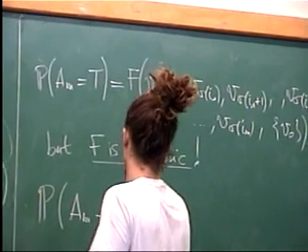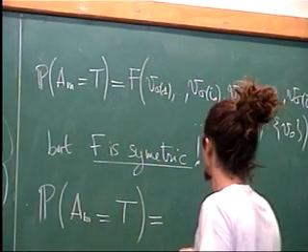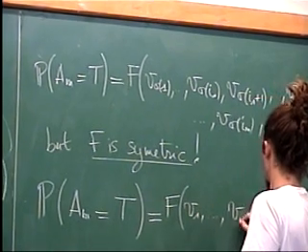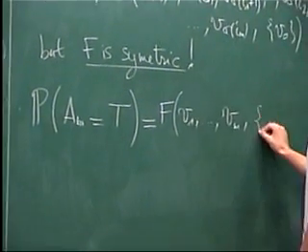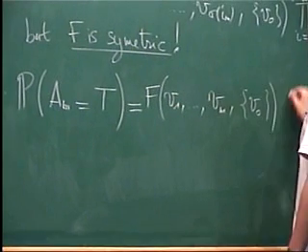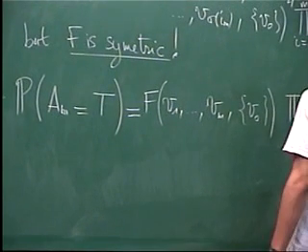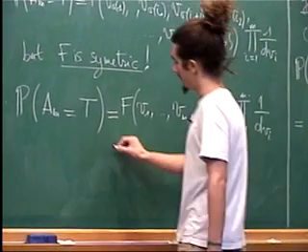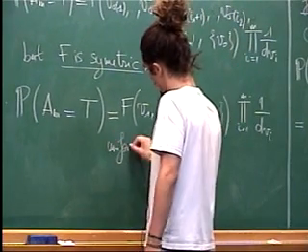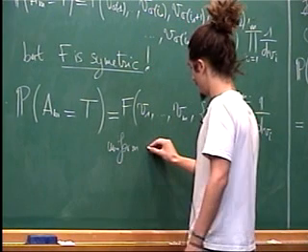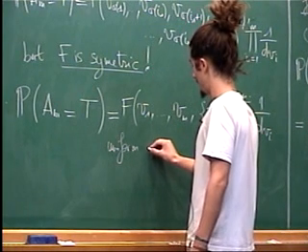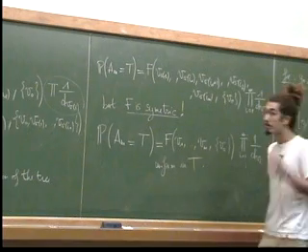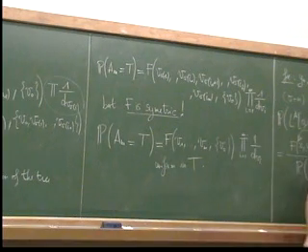So in fact, the probability to get such a tree is f of v1 up to vm, stopping in v0, times the probability of all the transition, which is uniform, independent, uniform in T. This clear?